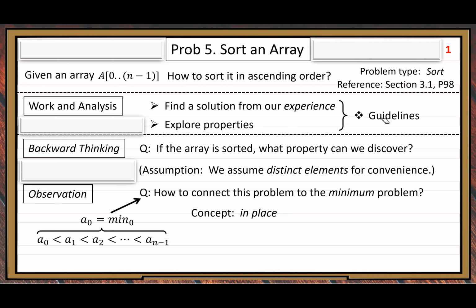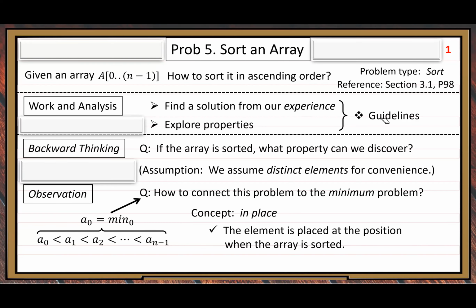And after that, because one element is already in place, we do not need to worry about this first element anymore. In the remaining processing, we can ignore the first element. Then for the remaining elements, can we apply the minimum solution another time? We find the second smallest, and so on. In this way, can we solve the whole array? Yeah, so you get it.